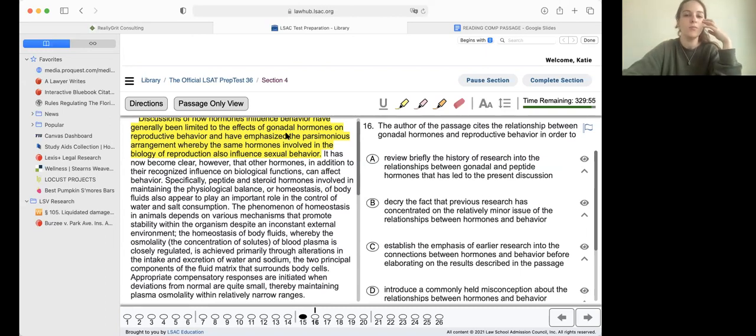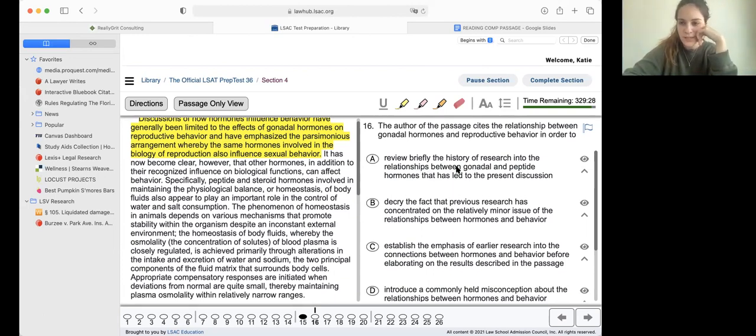So what we're talking about with the gonadal hormones is how those hormones regulate behavior, but now we're showing how they're not limited to those effects. It talks about the history of this research and then contrasts that with the new research that came out about the salt and the water retention. So we're looking for something that shows previous research and then paves the way for the current research.